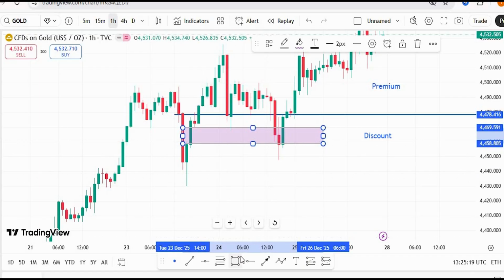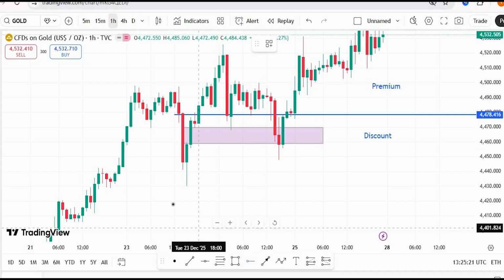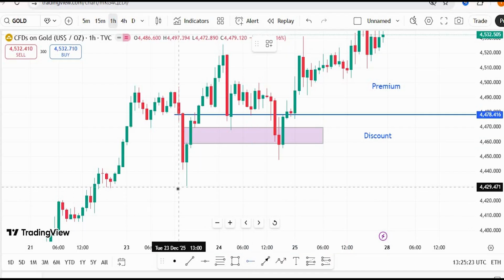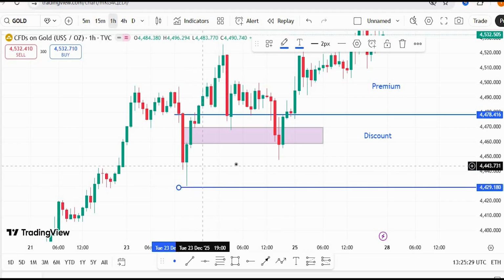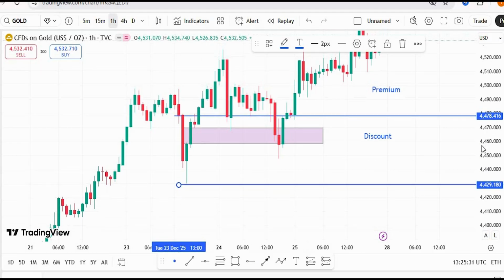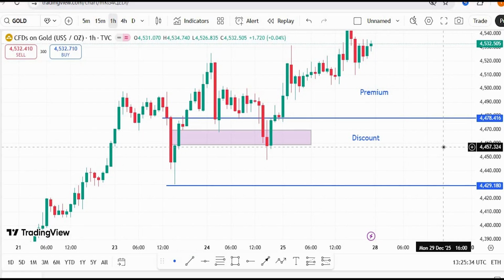And the best thing which we could do is to place our stop loss below the low. We would have placed our stop loss at this point, which is also the low of the candle which has helped the candles to form the fair value gap.